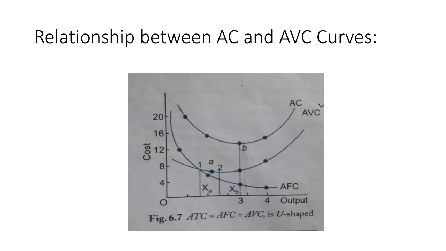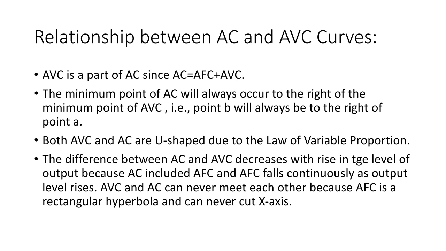Point B is the minimum point of AC, and the minimum point of AVC is A. So point B is always to the right of the minimum point of AVC. Both AVC and AC are U-shaped due to the law of variable proportion.